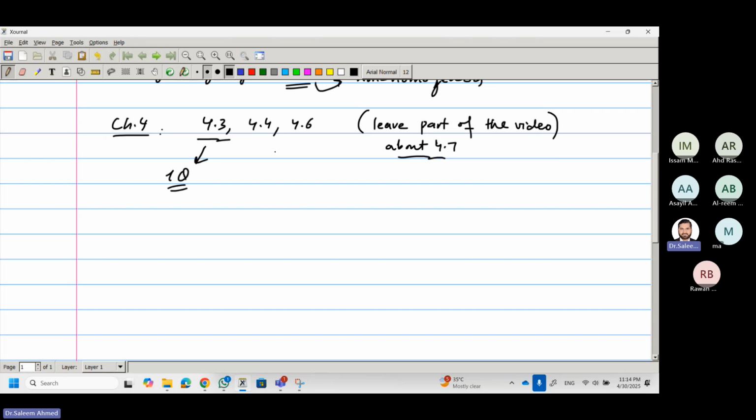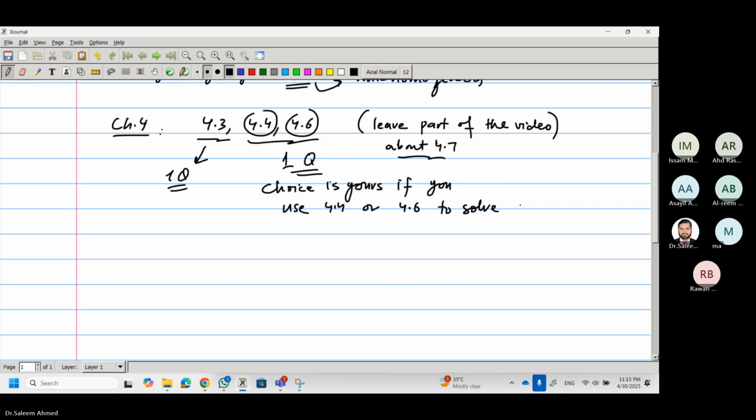This is for homogeneous equations, and one question from here, which is a non-homogeneous equation. There are two methods to solve a non-homogeneous equation. I will just give you a non-homogeneous equation. It's your choice. You can use 4.4 or 4.6 to solve this question.